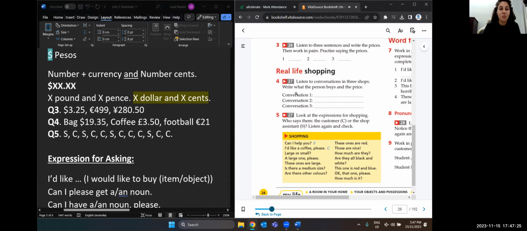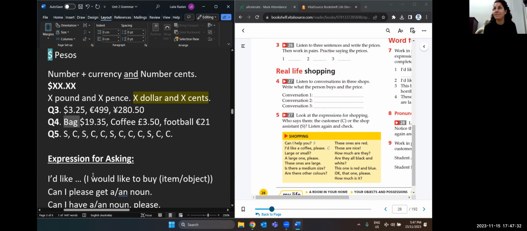Okay, in conversation 1, we had a bag as the item, the object. And how much is it? $19.35. So remember, that's how we say the dollar one.